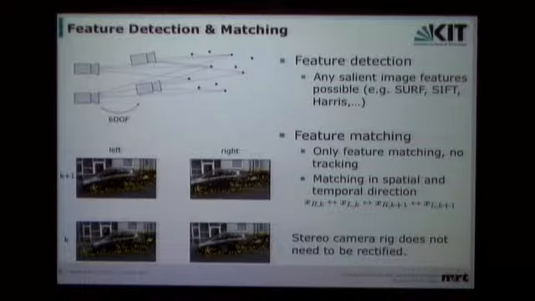Also, once we have matched in this circle, we require that the last match matches the very first point. So if there's no closure, then we also do not use that feature match. And one last comment on this slide, the stereo camera rig does not need to be rectified. So this works with a general camera setup.